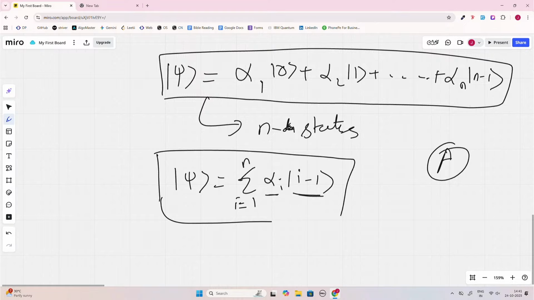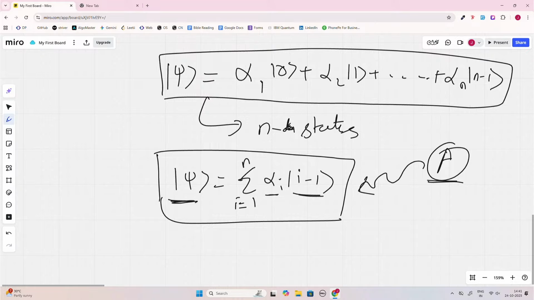So this is a state, right? So when I measure this state with operator A, the official definition goes like this: the state falls to any one of the eigenstates of my A. That's the textbook definition.